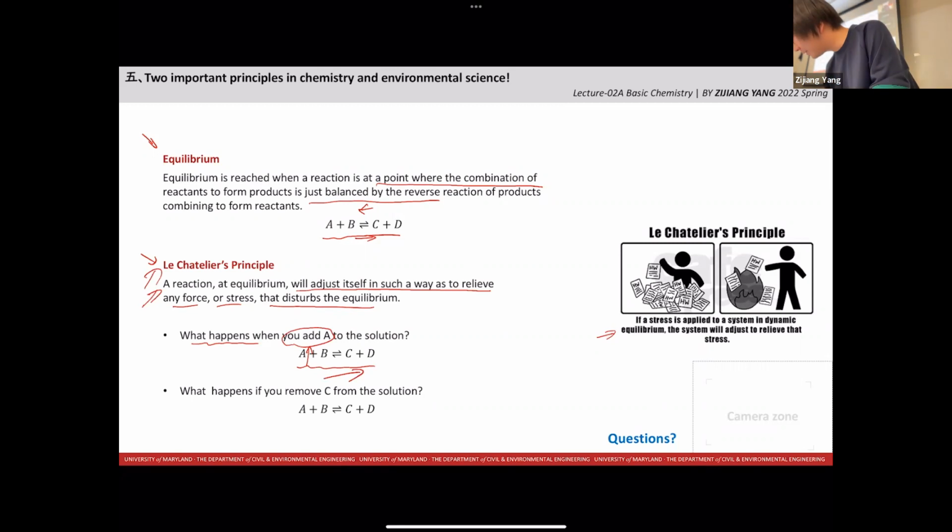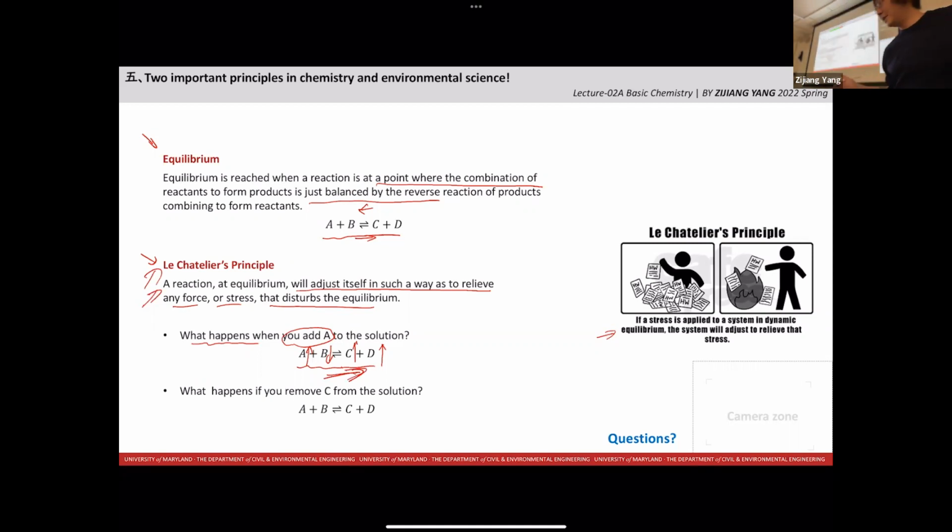So we will have more D and more C, and less B because B will be consumed. So if we add A to this system, A will increase, B will decrease, C will increase, and D will increase because this reaction goes in this direction.